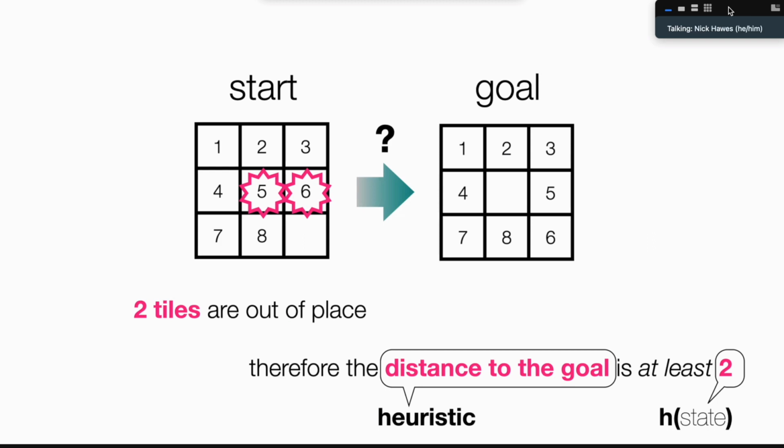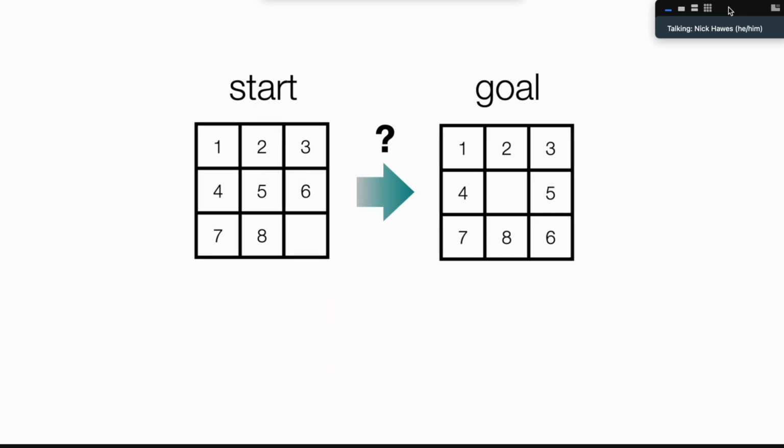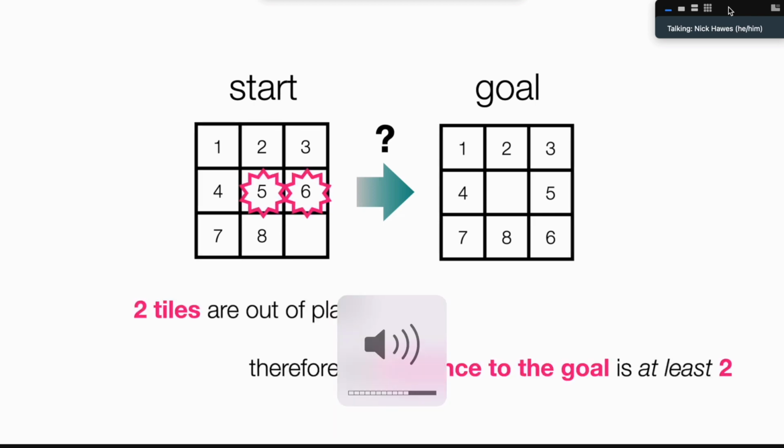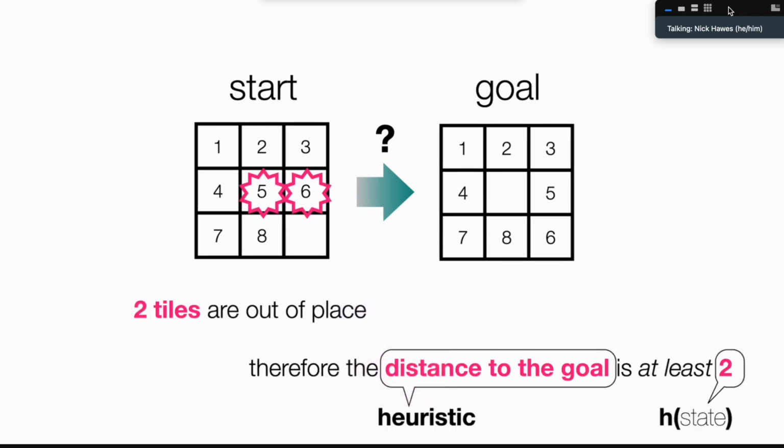So this is what we wanted: a way of estimating, sorry, I shouldn't say measuring, how close we are to the goal in our search algorithm.